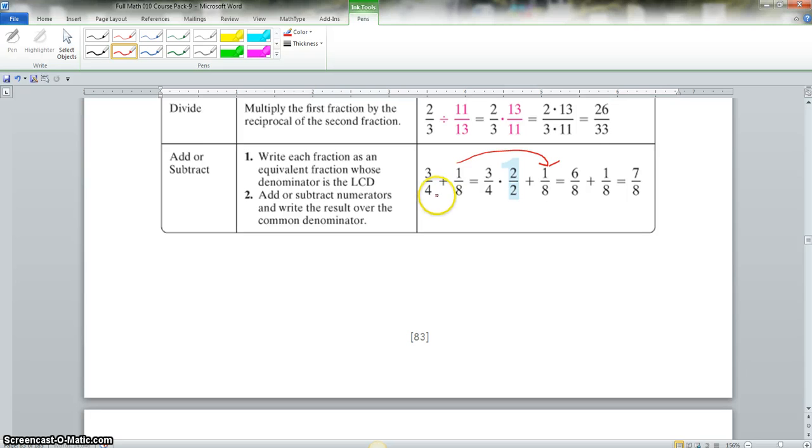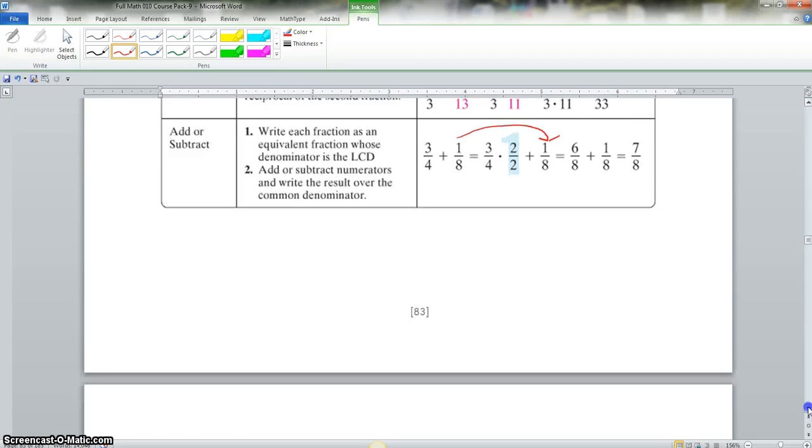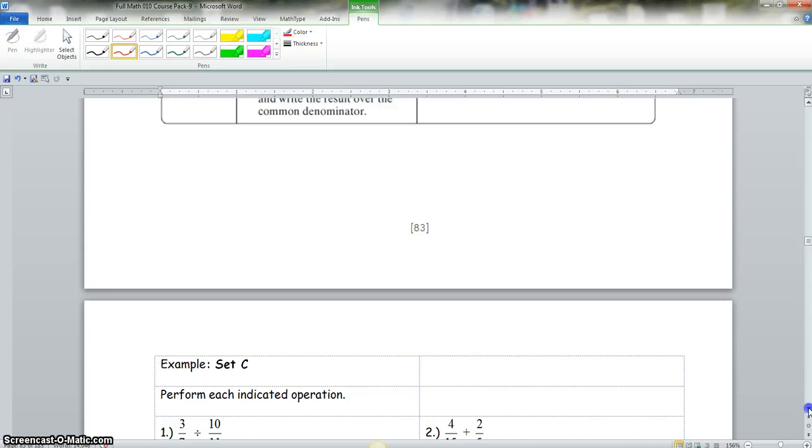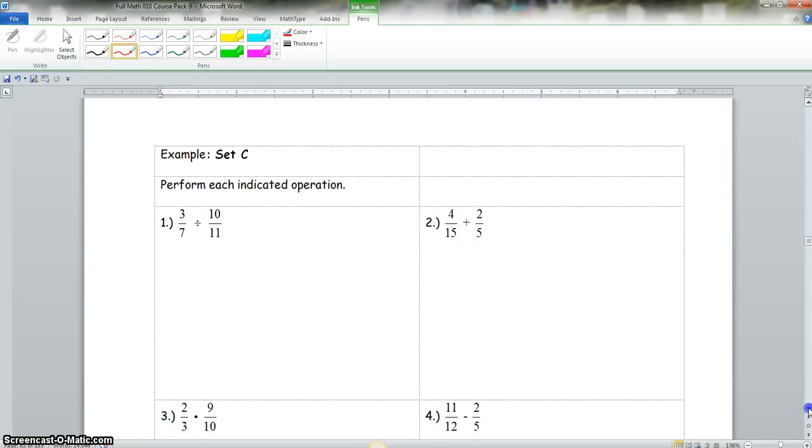Now with this 4 here, our new denominator was 8, so we know we would take 8 divided by 4, which is 2. And remember, like I showed you in the last lesson, we're really multiplying the numerator and denominator by that 2. So 3 times 2 is 6, 4 times 2 is 8. So we add 6/8 plus 1/8, which gave us 7/8. And we do the same thing for subtraction, except for we will subtract the numerators.